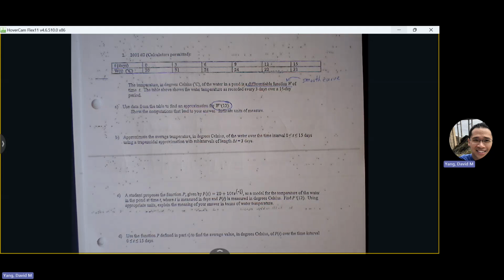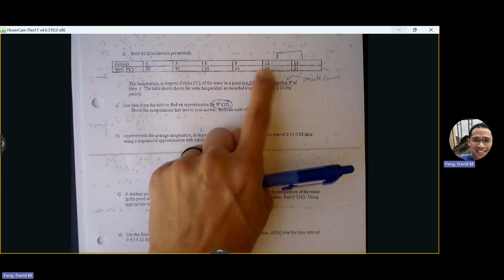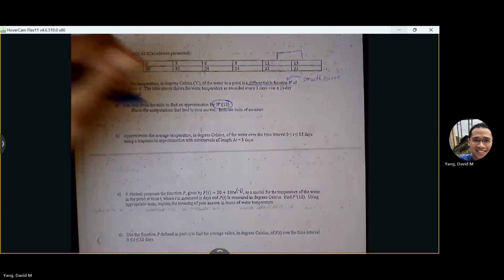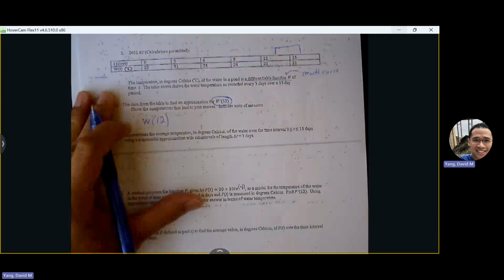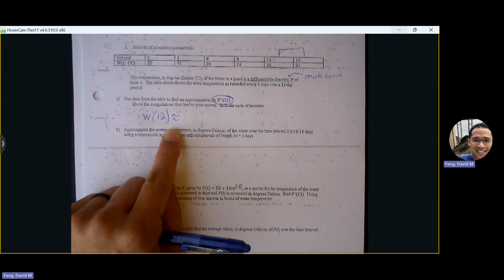So there's different variations of the answers that are all fine. I'm going to choose 12 and 15, but if you chose 9 and 12 or 9 and 15, those answers will be acceptable as well. So W prime of 12, we know this is not exact. We know this is just an approximated rate of change on the 12th day because we don't have calculus yet to help us get there.